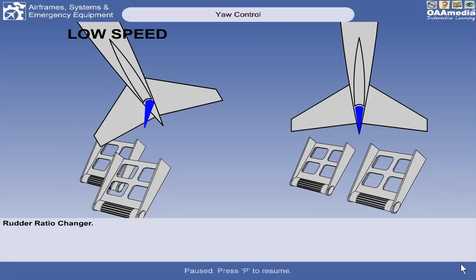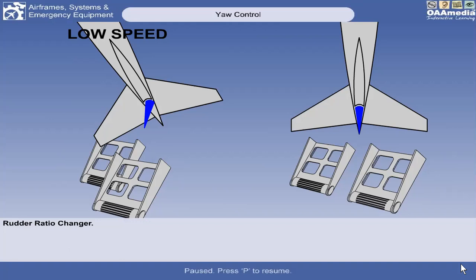Okay. When an aircraft is flying at low speeds, it needs a larger deflection of the rudder to improve the efficiency of its control, or movement. But when the aircraft is flying at high speed, such a large deflection of the rudder is not recommended because you are loading the entire structure of your tail fin assembly, or vertical stabilizer.